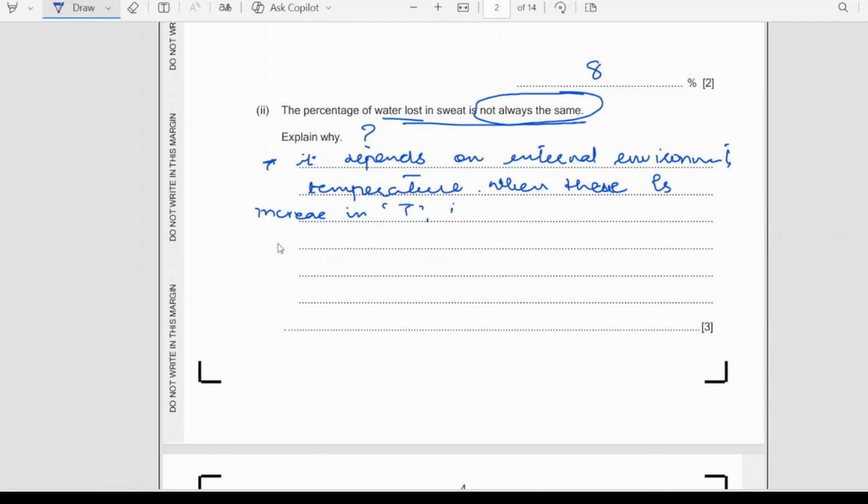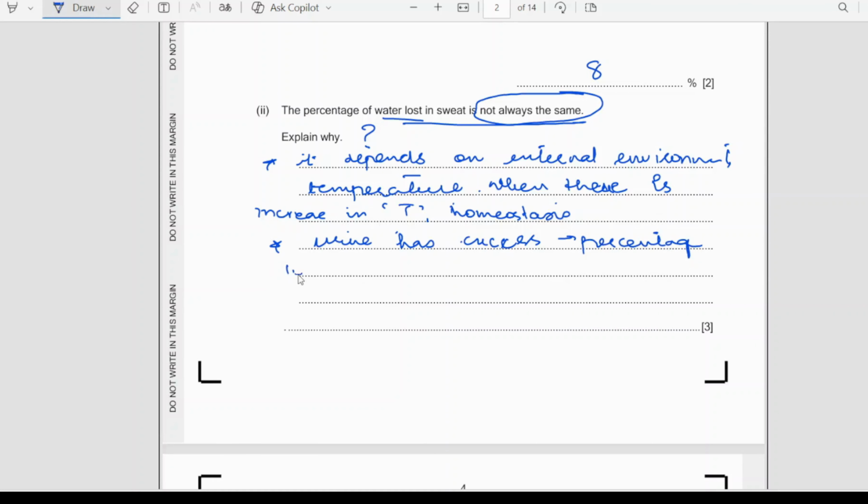This is factor number one. What is the other factor? What other factors can affect the water concentration in the body? No, not respiration, excretion. The urine formation. It may happen that your urine has excess water, so there would be less production of sweat.